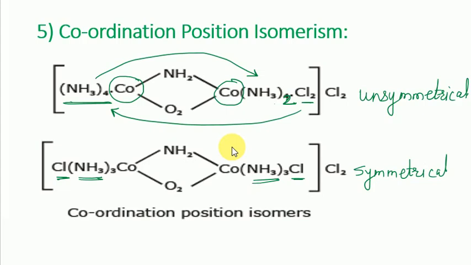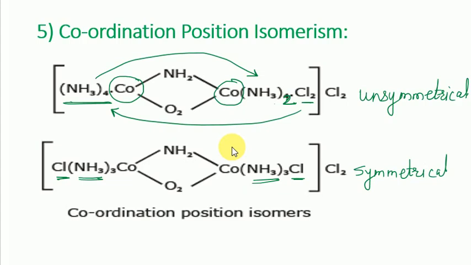In such a symmetric or asymmetric arrangement, the position of the bridging group remains unchanged in both cases. Such an isomer is called coordination position isomerism, and it exists mainly in bridging ligands or polynuclear complexes.